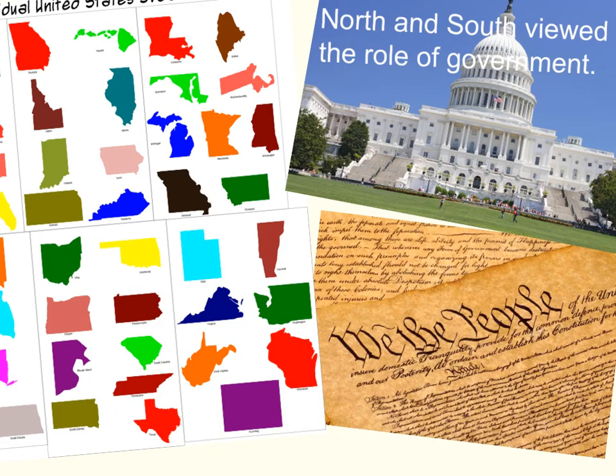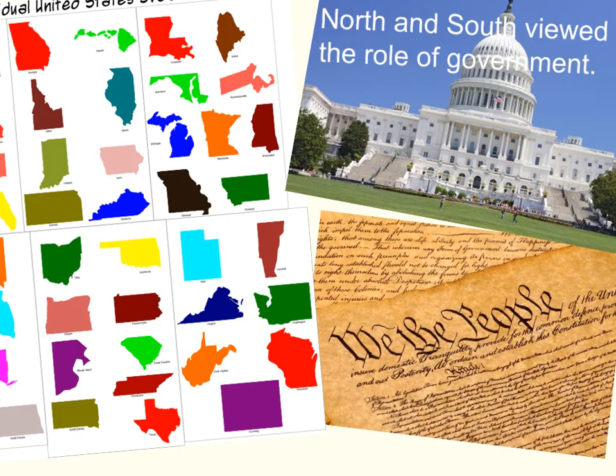Another major difference between the North and the South was how they viewed government. The North favored a strong central government. When we say central, we mean national government, like out of Washington, D.C. The North was also more willing to pay high taxes to provide for local goods and state goods and services. They were okay paying money to build roads and bridges and schools. The South, though, was afraid that a strong national government would weaken them.